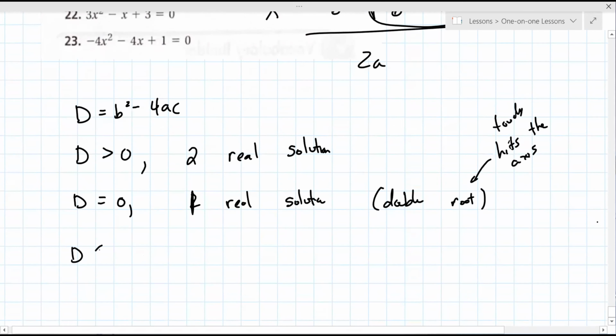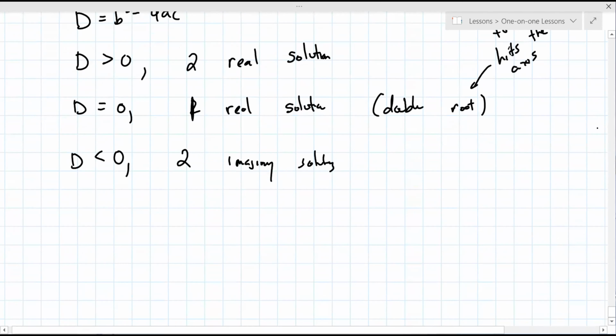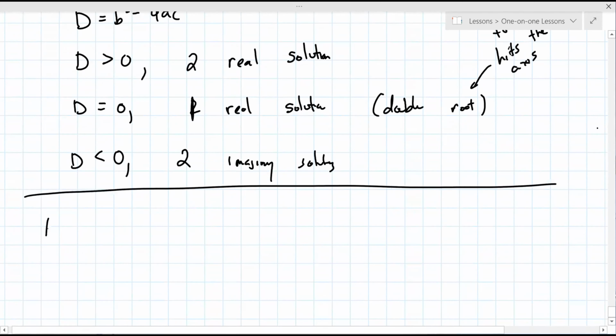If d is less than 0, there are two imaginary solutions. So to do these problems, you have to be able to find the discriminant, get the d value, and then match it up with this list that we created.